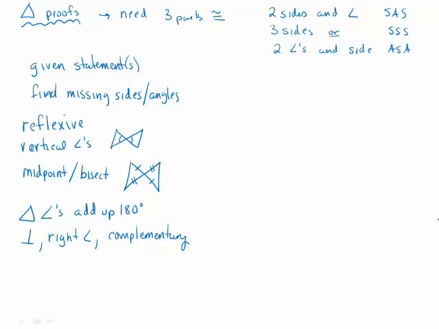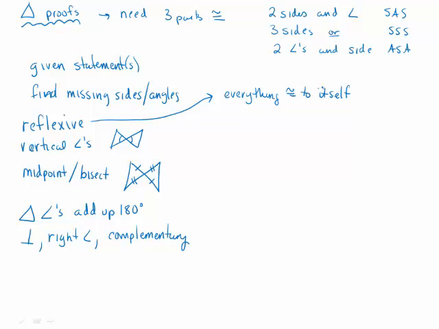So for a quick review, reflexive property is everything is congruent to itself. Okay, so angle A is congruent to angle A, reflexive property. Side AB is congruent to side AB, reflexive property.